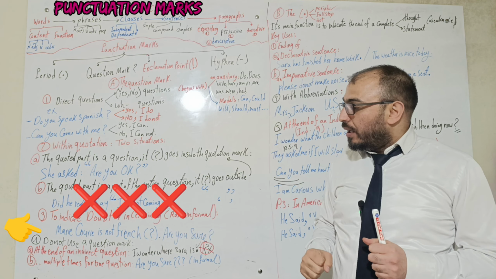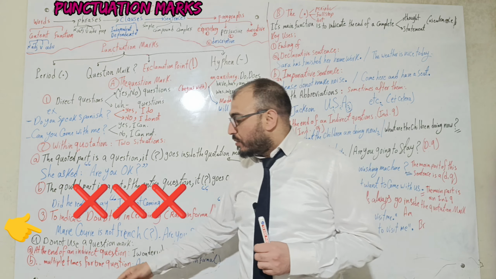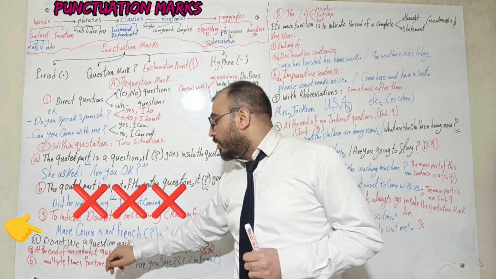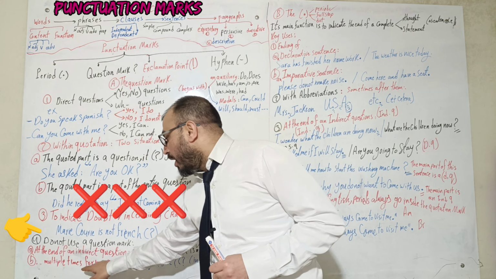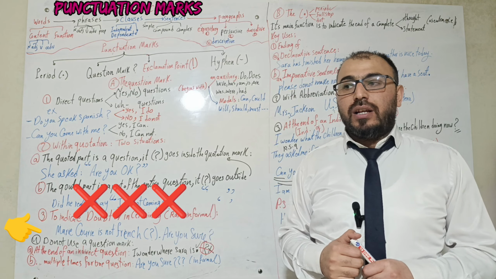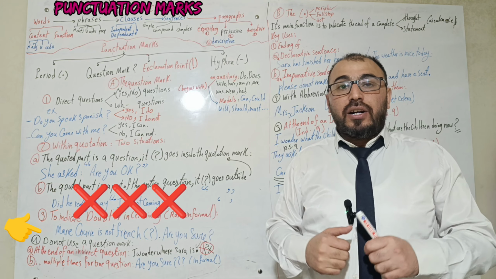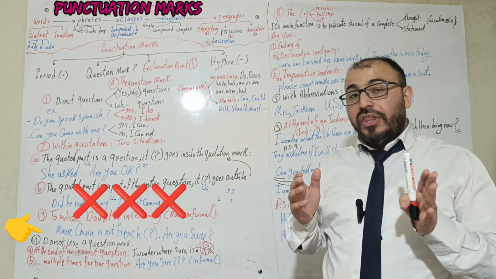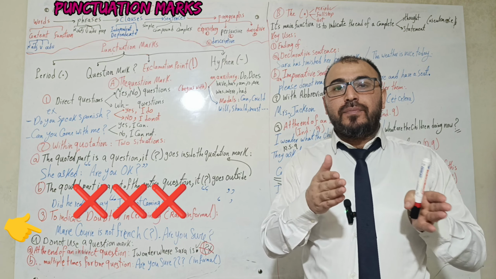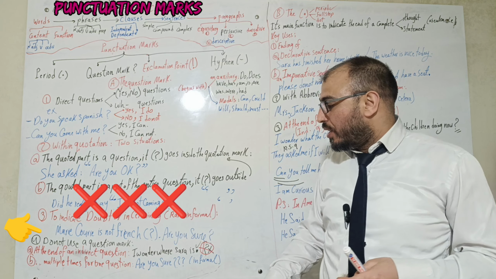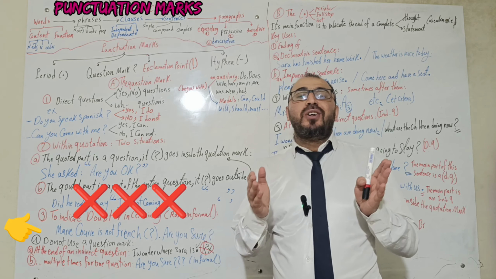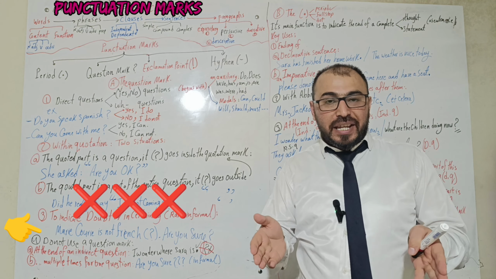The second piece of advice, my friends, or say the second note, is don't use the question mark multiple times for one question. A lot of, let's say, starters or even writers think that if you want to emphasize that this question is important, they try to write or repeat the question mark 3 or 4 times, which doesn't make any sense in English.